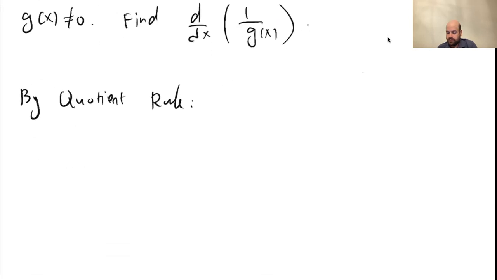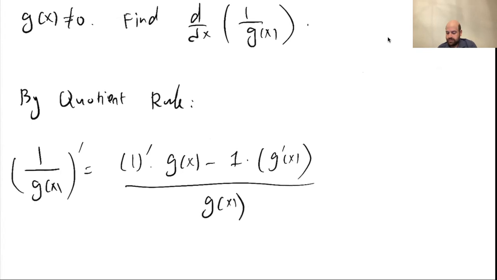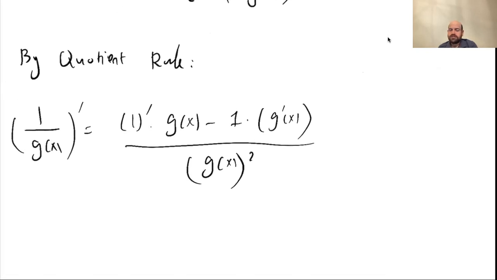So what is the derivative going to be? The derivative of 1 over g of x is going to be 1 derivative times g of x minus 1 times g prime of x, over g of x the whole squared. Now, the derivative of a constant function is 0, so the derivative of 1 is 0.